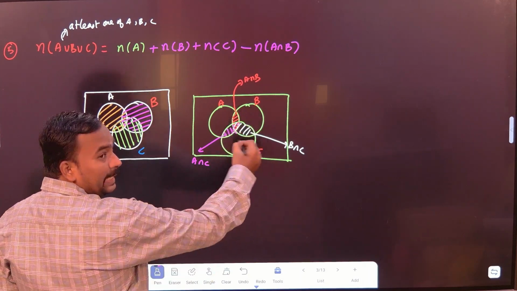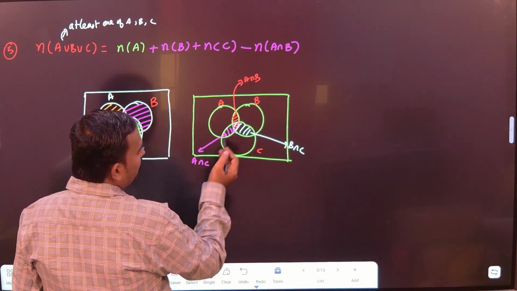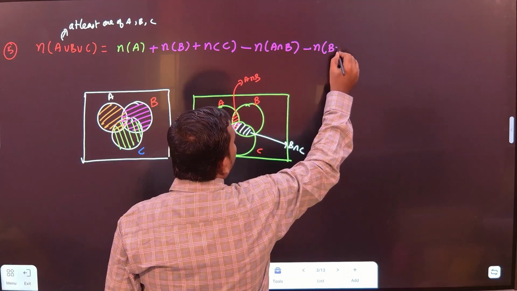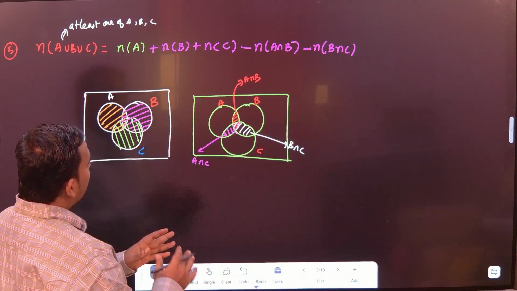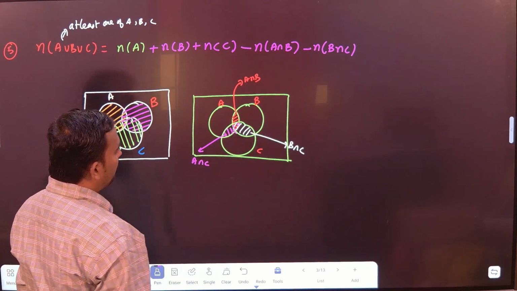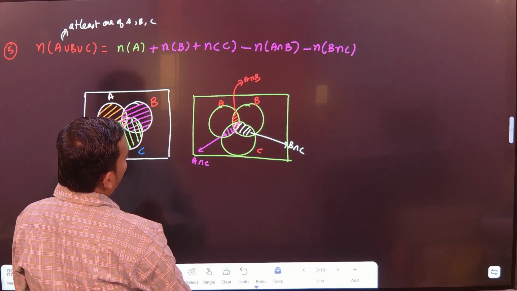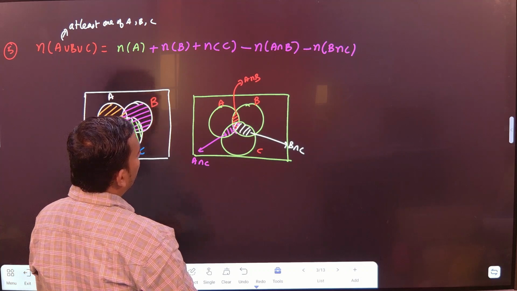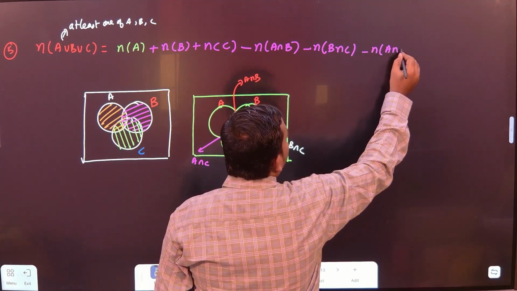When you take B completely, B intersection C is added twice, so you have to subtract one time B intersection C. When you take this portion, when the complete C portion is there, you can see A intersection C, right? So added two times, so you have to subtract one time A intersection C.